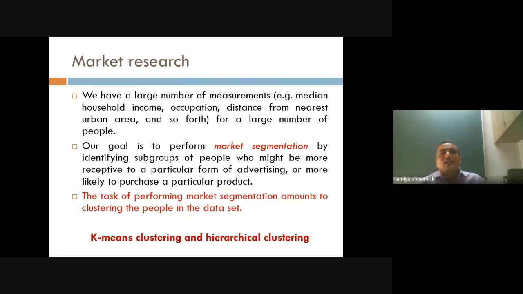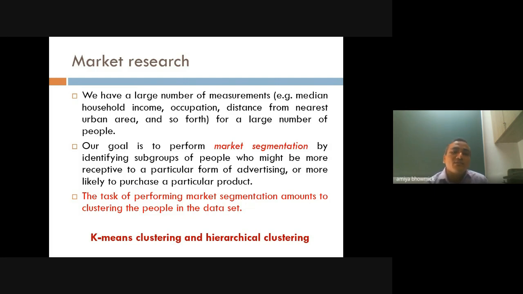So if we can identify 10 different regions, in one region a particular form of advertising will be more useful, in other regions some other form will be more useful. What kind of advertising should I do so that the likelihood of purchasing a particular product increases in that region?